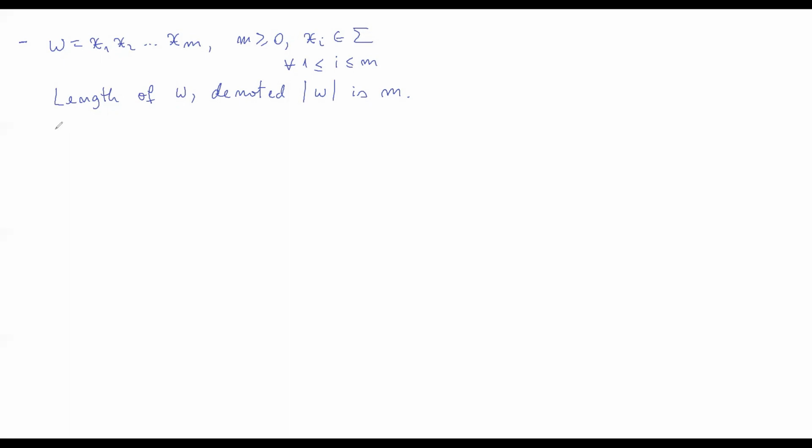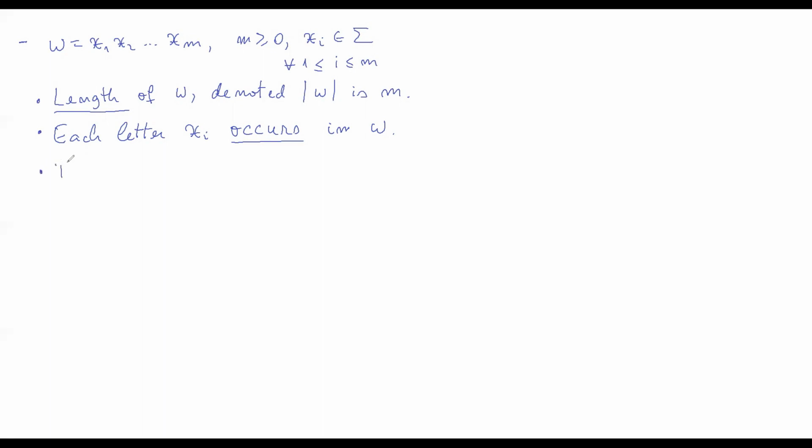We also say that each letter xi occurs in W. And you might also want to count the number of occurrences.